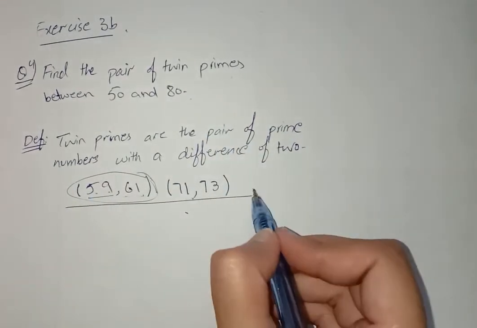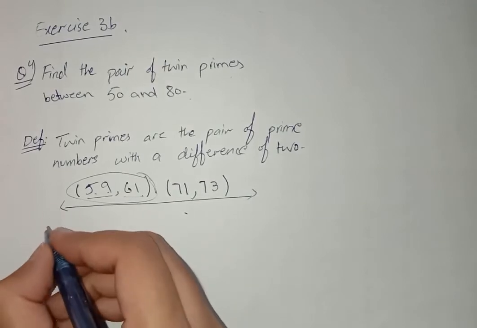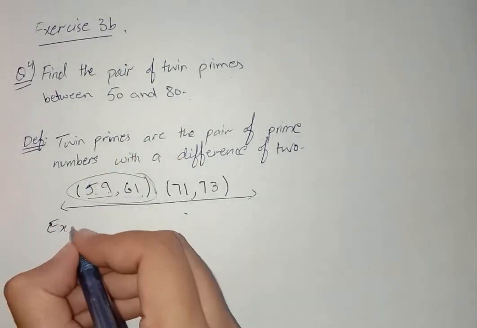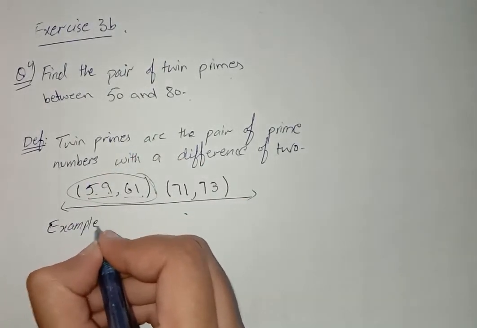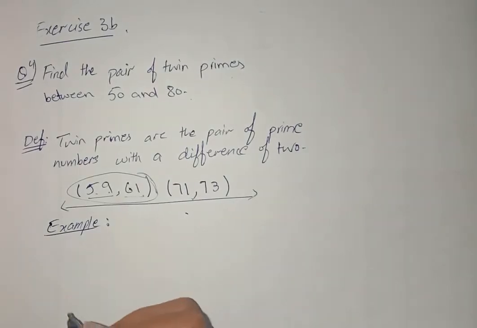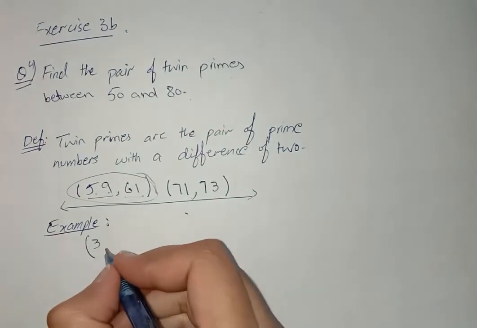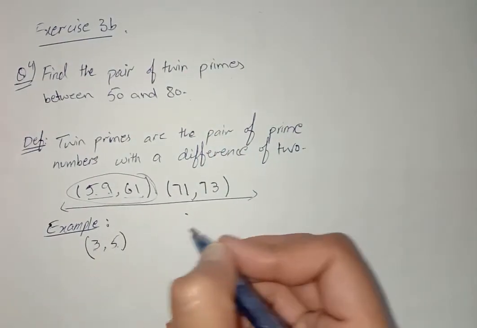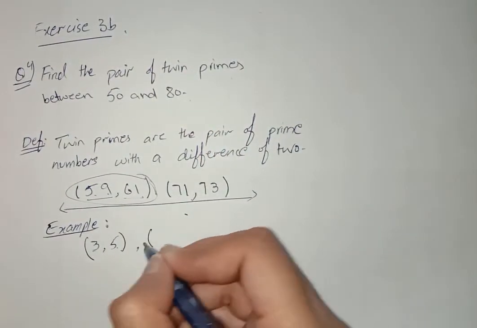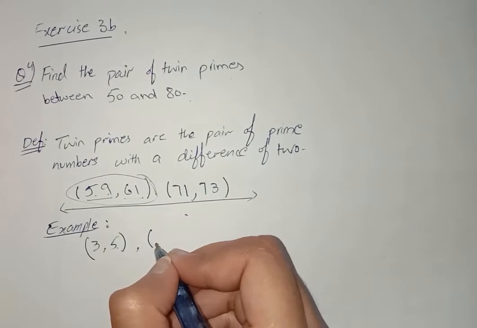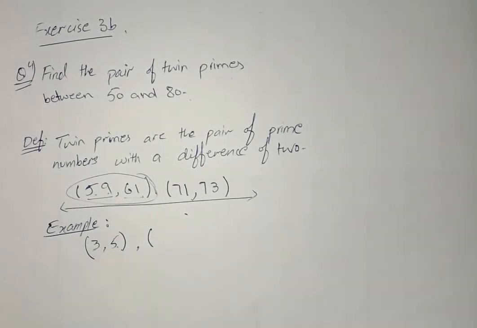If we go towards examples of twin primes, we can say that 3, 4, 5: 3 and 5 are twin primes. Next, 7 is also a twin prime candidate, but 9 is not.